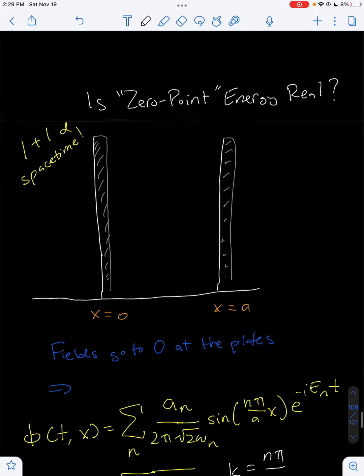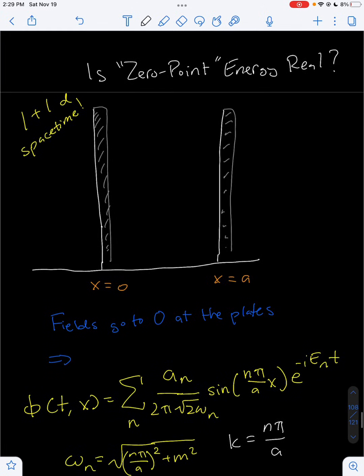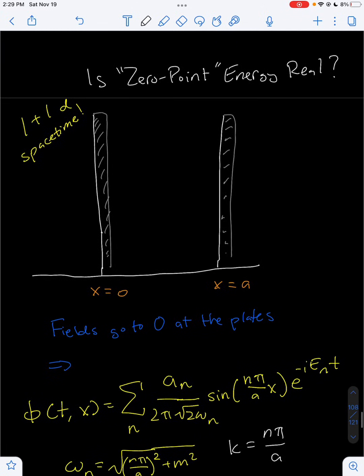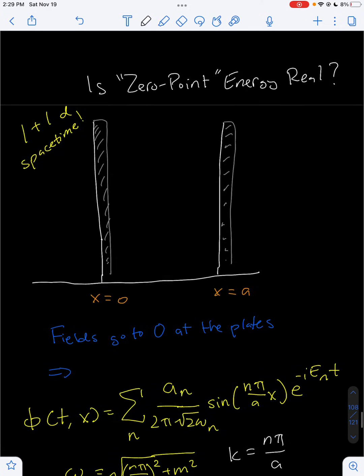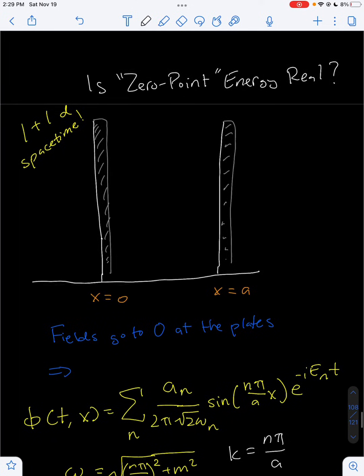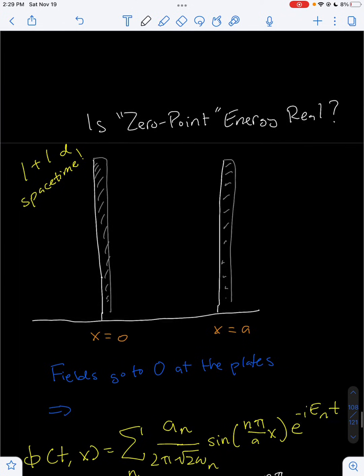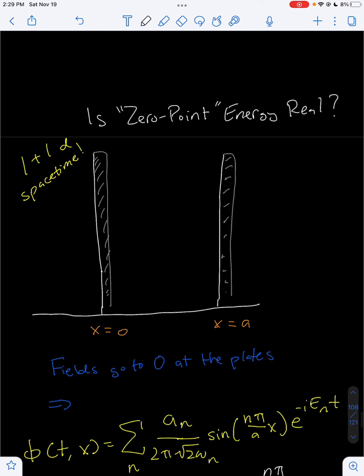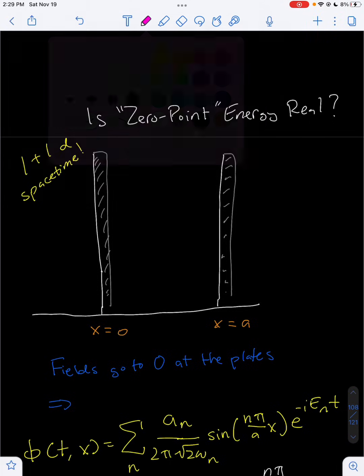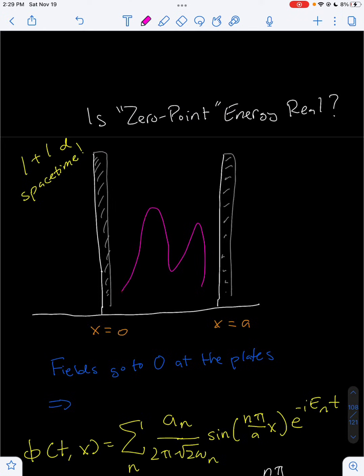So remember from our part 1 video, in the Casimir effect, we have two metallic plates, situated at x = 0 and x = a. The point of these plates is that the fields go to 0 at the plates. So if you have some sort of quantum field here, it has to become 0 at those plates.